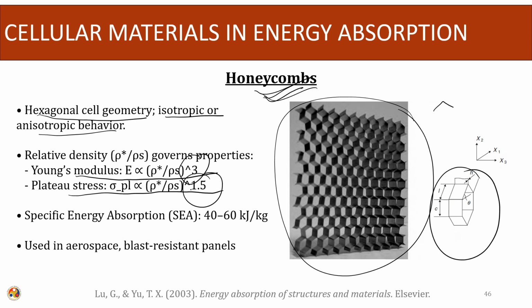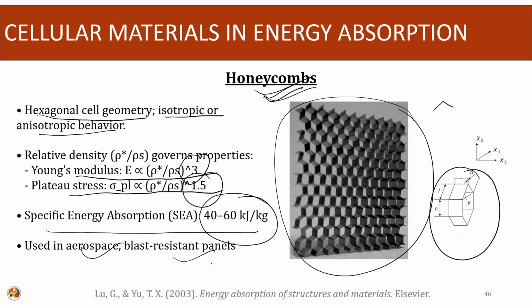And the specific energy absorption is in the order of 40 to 60 kilojoules per unit mass of the system. It has a very wide application in aerospace structures and blast resistance panels.